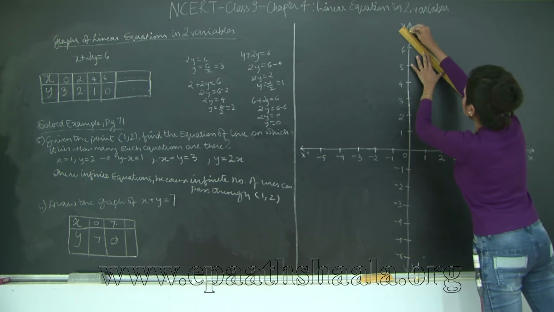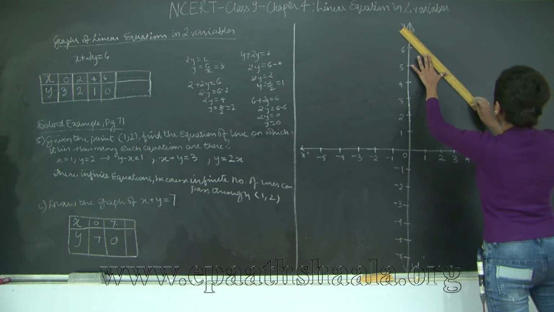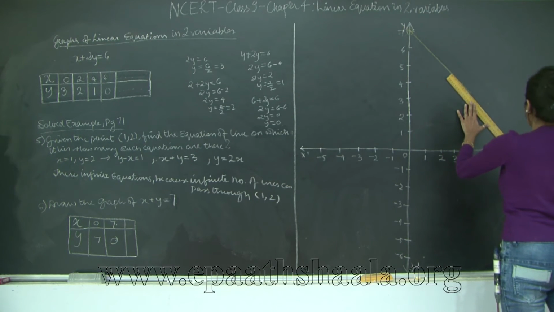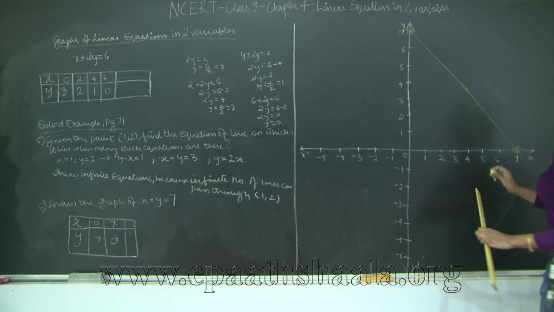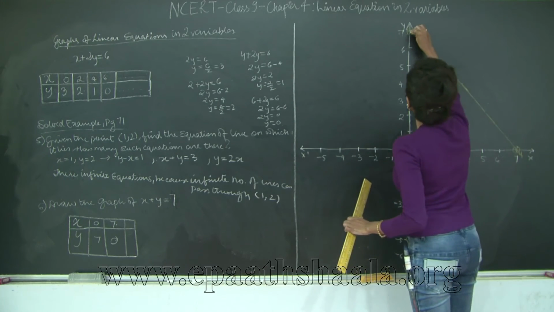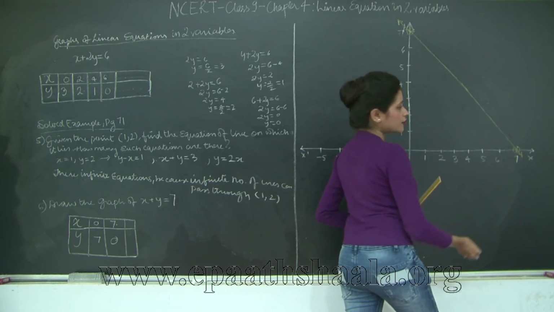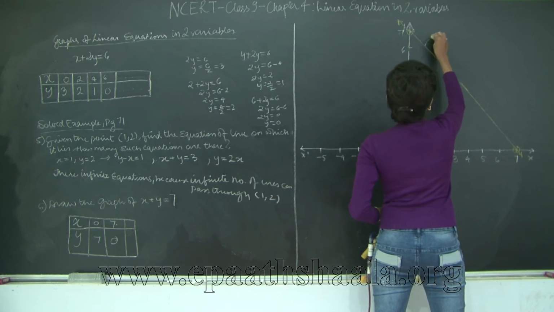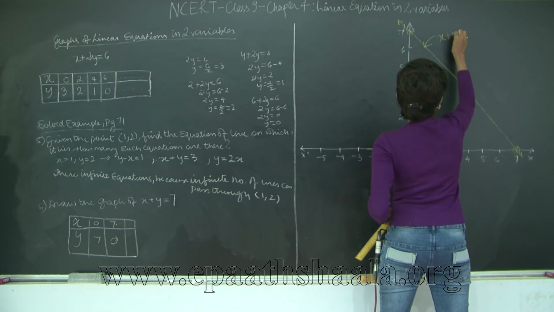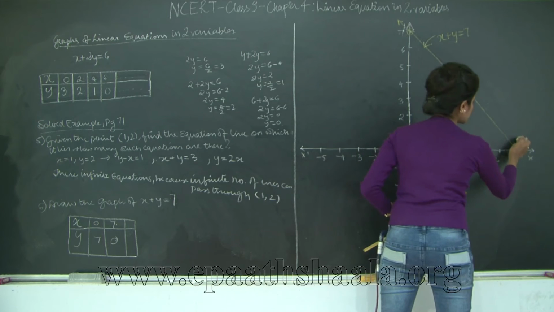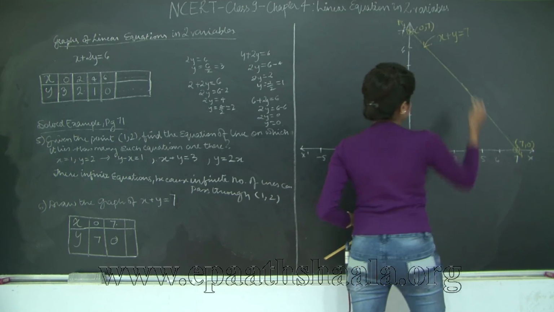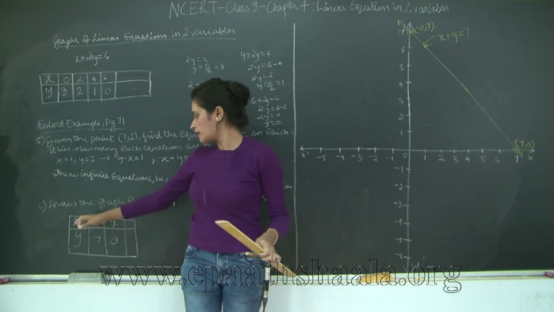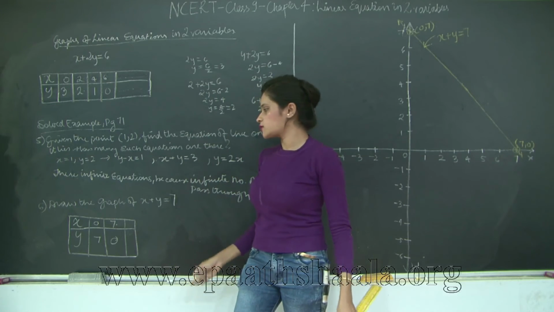Okay. So this is your line. You're going to mark the equation of the line. I'll just mark it like this. x plus y is equal to 7 and my coordinates 7, 0 and 0, 7. Hence we have drawn the equation of the line x plus y is equal to 7.